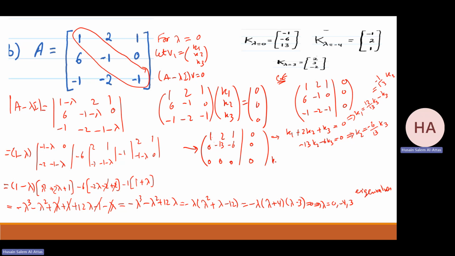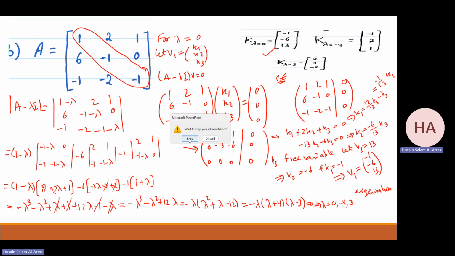So K3 is a free variable. Let K3 equal what? 13, I think, better. So I have K2 equal minus 6 and K1 minus 1. So it will be my eigenvector minus 1, minus 6, 13, which is this for lambda equals 0.